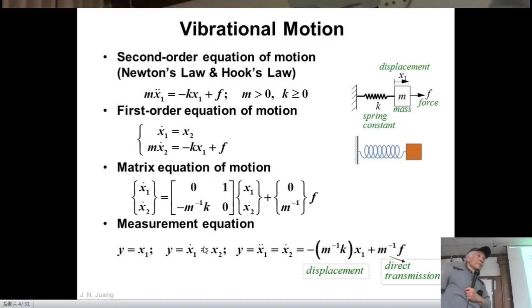You have to be very careful about the third equation: y equal to x1 double dot equal to x2 dot equal to minus m inverse k x1 plus m inverse f.